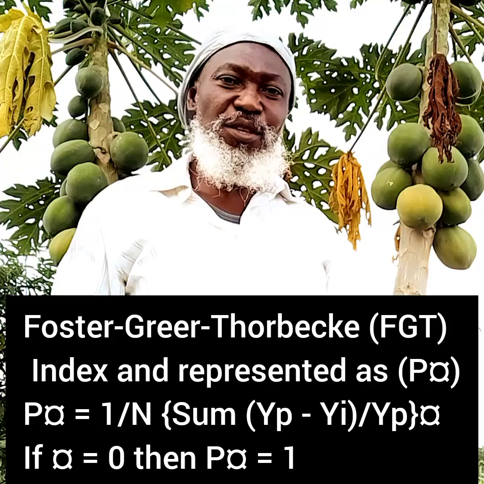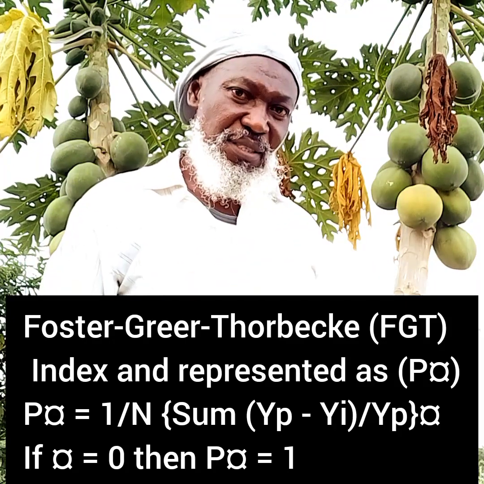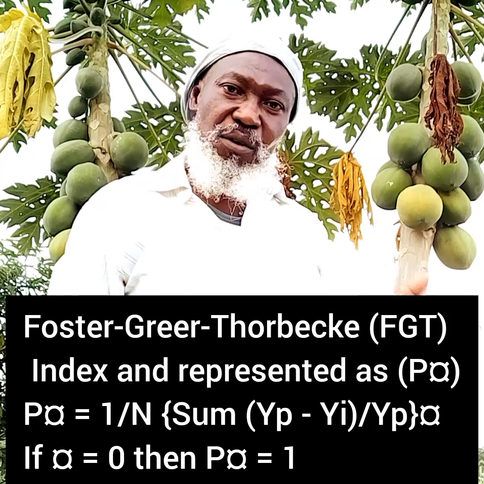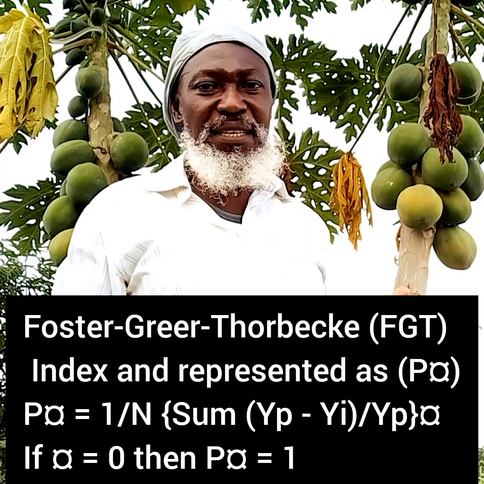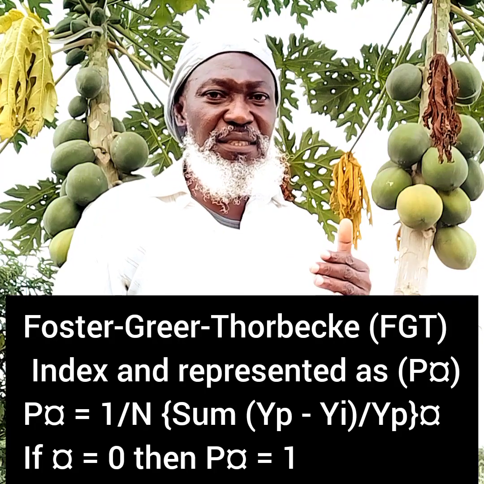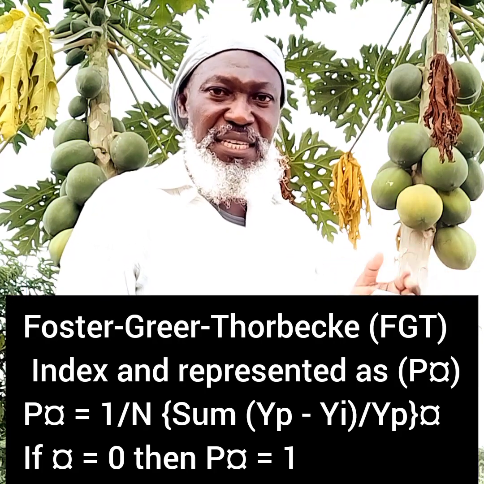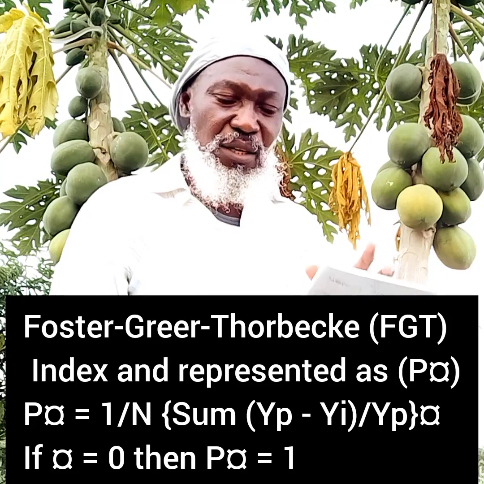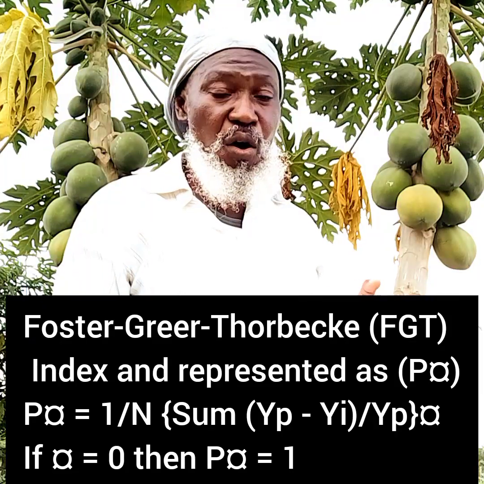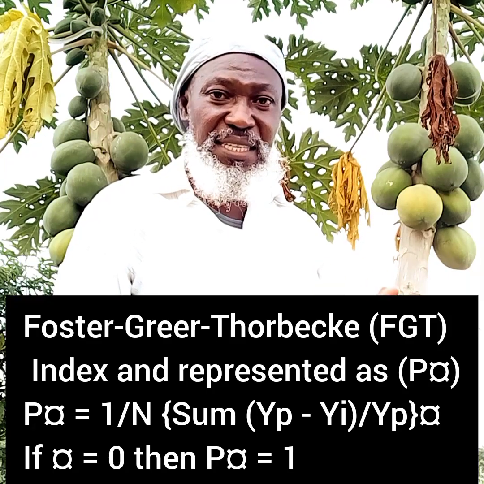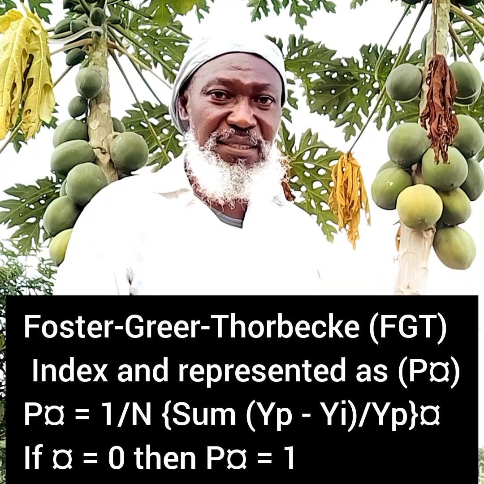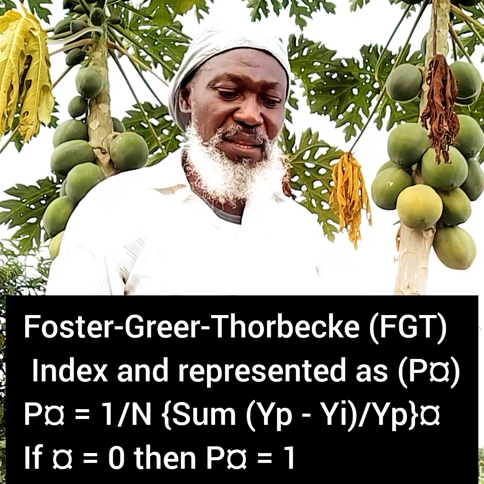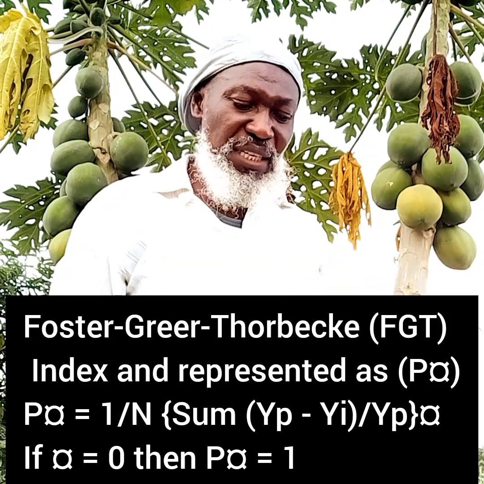This is an index where you see the Foster-Greer as P sub alpha. You find the summation of all the income gaps, the poverty line minus income, divided by the poverty line income, summed up from each and every individual. When you divide by the population, you get a certain index.